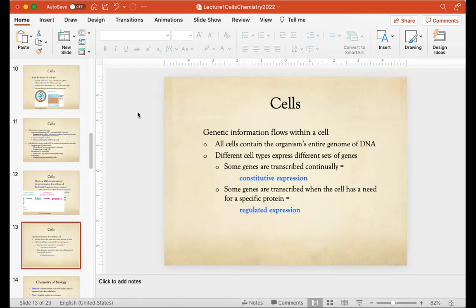One of the things that is sometimes confusing to people who don't study science is the idea that all cells, we said all cells use DNA as their genetic material, and all cells contain the entire DNA molecule for that organism. That's a strange concept for people. If you talk to people who are not scientists, there's an understanding that somehow the DNA in, let's say, a skin cell is different from the DNA in, let's say, a liver cell.